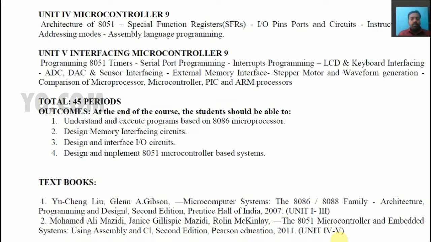At the end of the semester you will be able to write assembly language programs for the 8086 microprocessor and 8051 microcontroller, and you can design memory interfacing circuits and IO interfacing circuits. Then design and implement 8051 microcontroller based systems. These are the outcomes of this course.